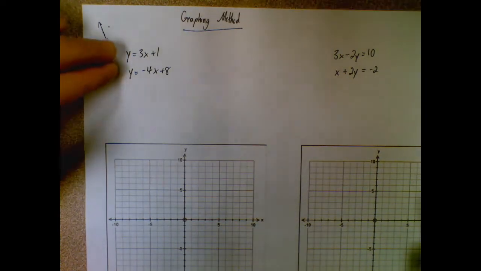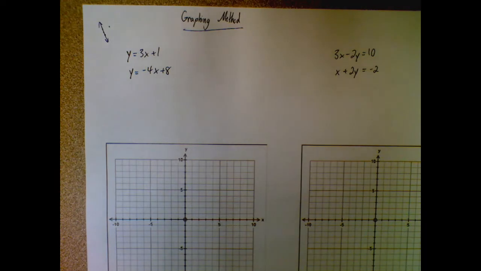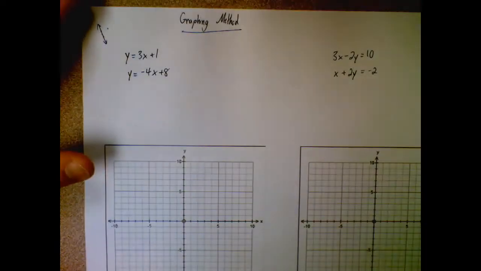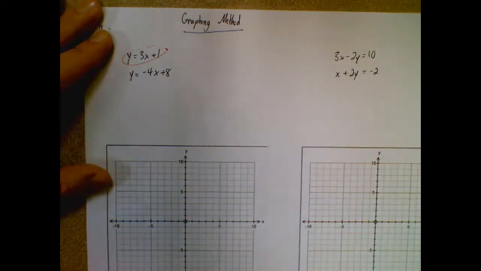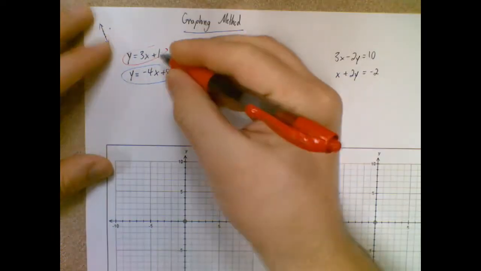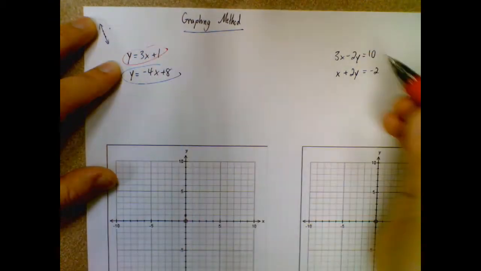To do that, I'm going to graph both of these and see if they have any solutions in common or they overlap. I need two colors here for this. We'll graph this one in red and this one in blue and see what we get. To graph this one, I'm going to start at my y-intercept of 1, and I have a slope of 3.